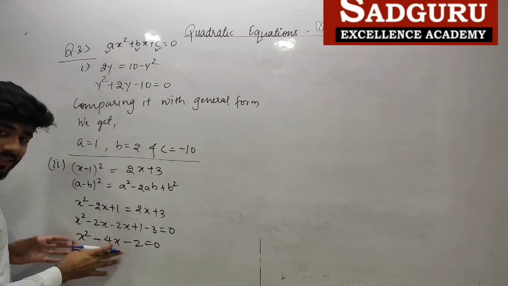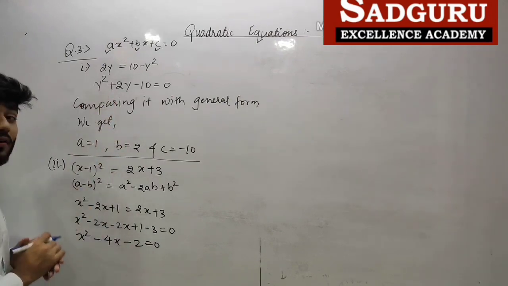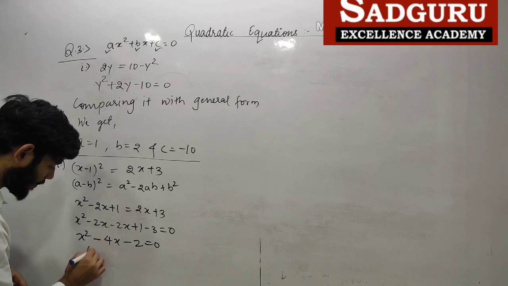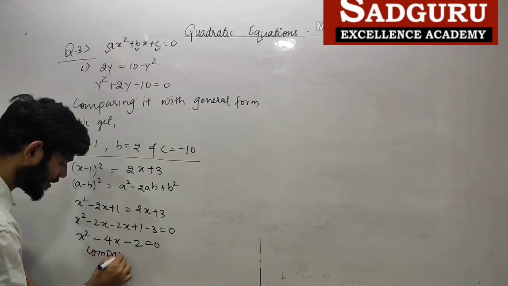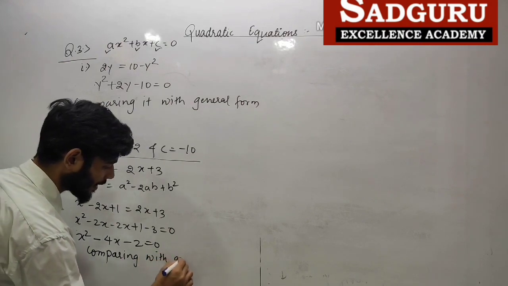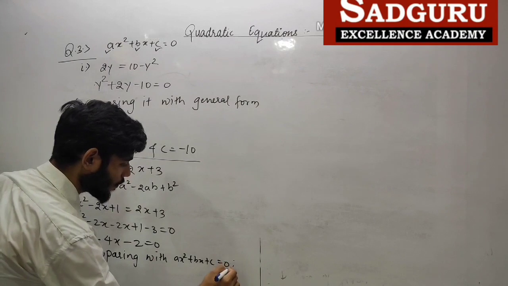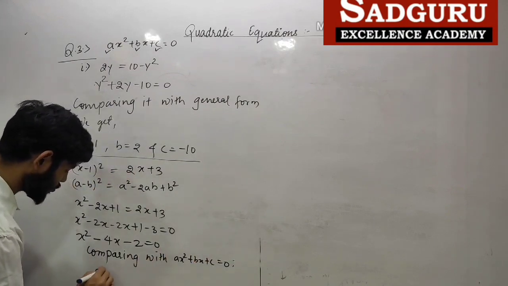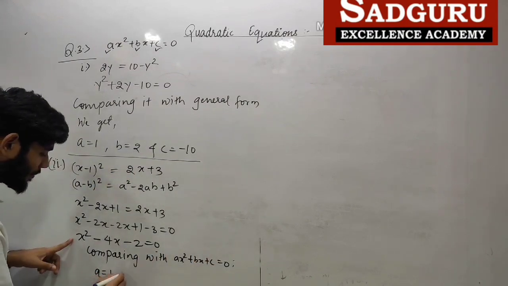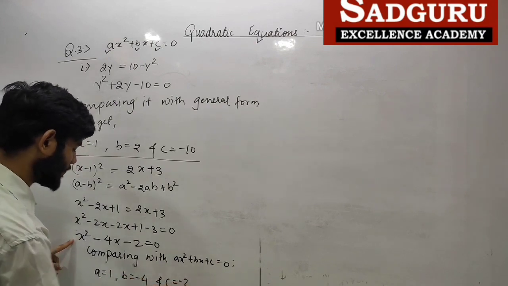So comparing this equation with the general form ax square plus bx plus c equals 0 gives us the values of a, b, c. We get a equals 1, b equals minus 4, and c equals minus 2.